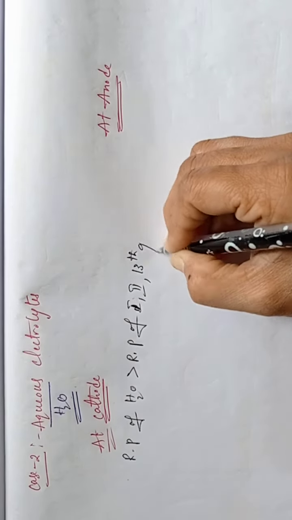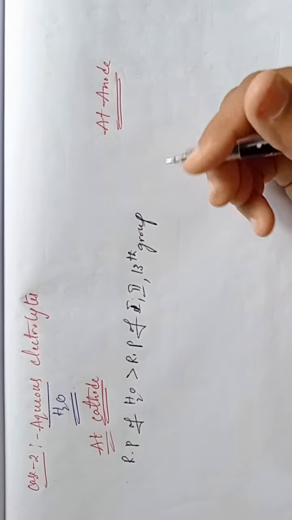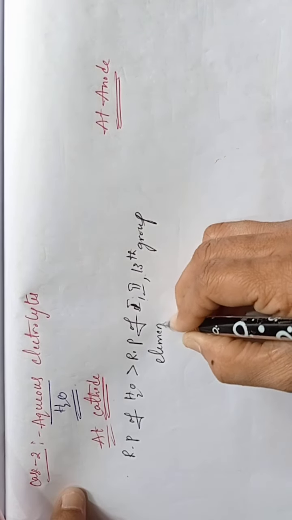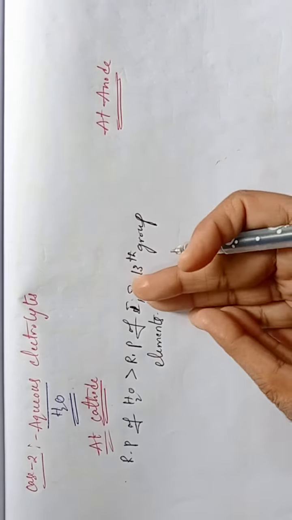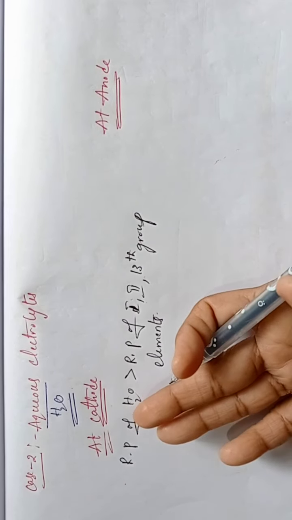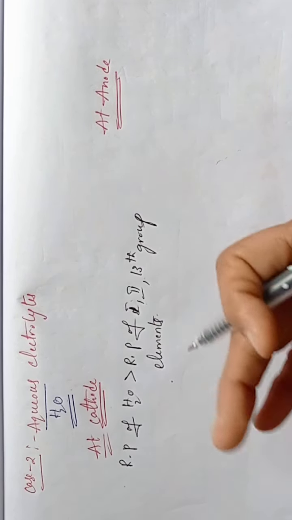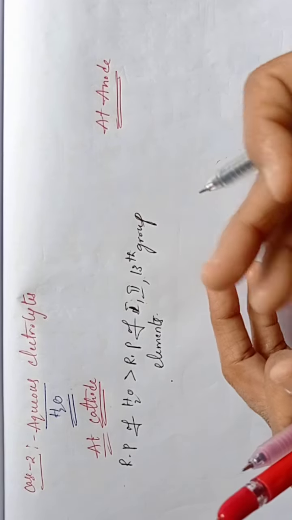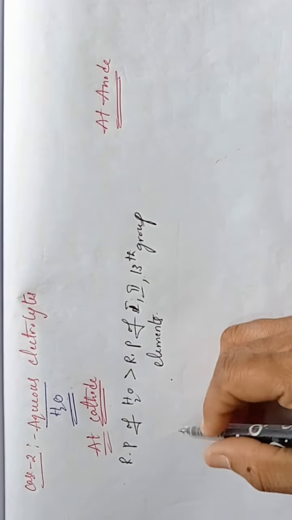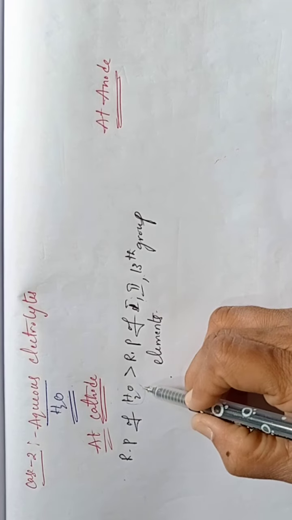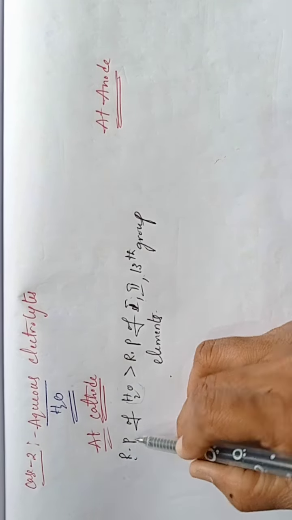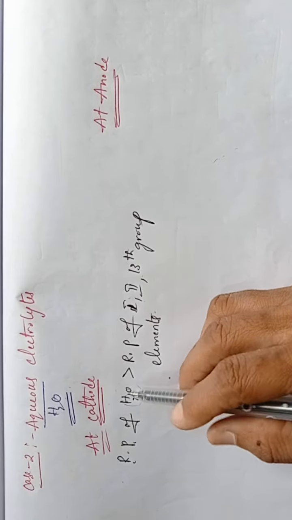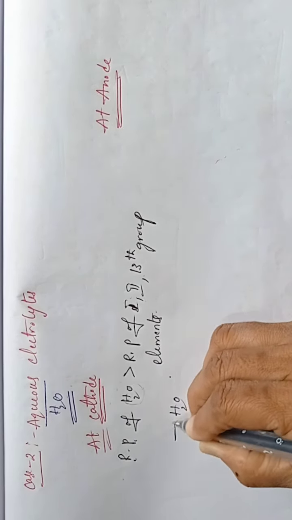The reduction potentials of first, second and 13th group elements are always less than the reduction potential of water, students. Whichever has the greater reduction potential, that species undergoes reduction. Water has the greater reduction potential, so water undergoes reduction.